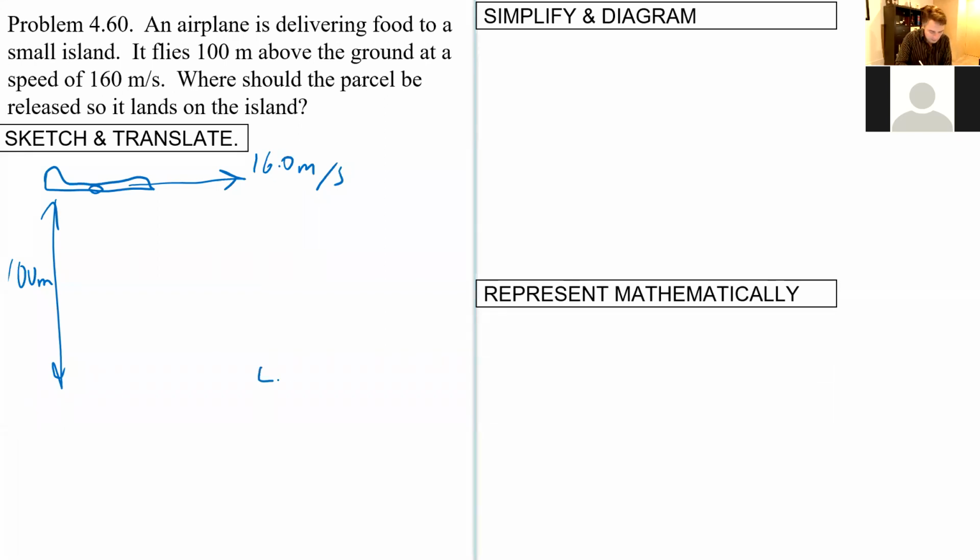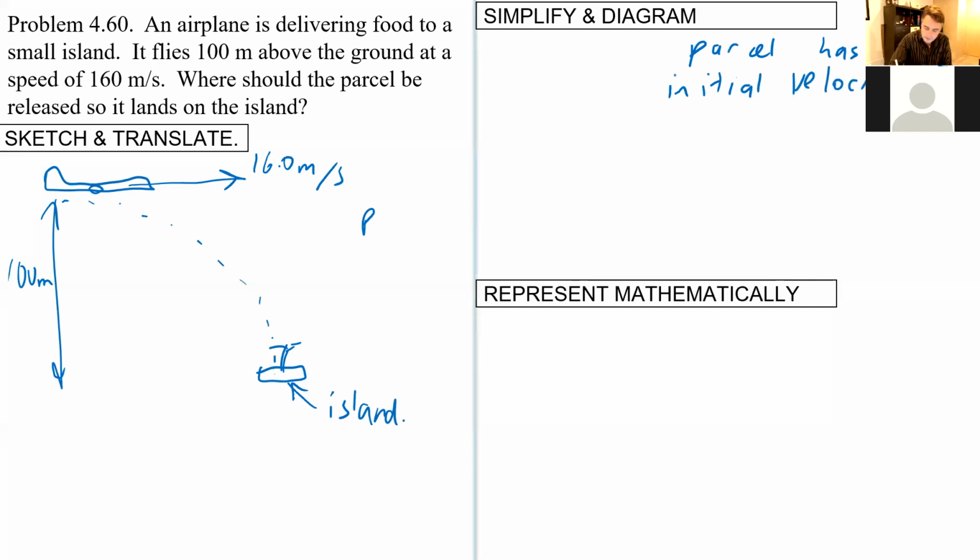And here's an island over here. I'll draw a little palm tree island. Where should the parcel be released so it lands on the island? So I think the parcel is going to start with the same speed as the plane. So the parcel has the same initial velocity as the plane, and then it drops.